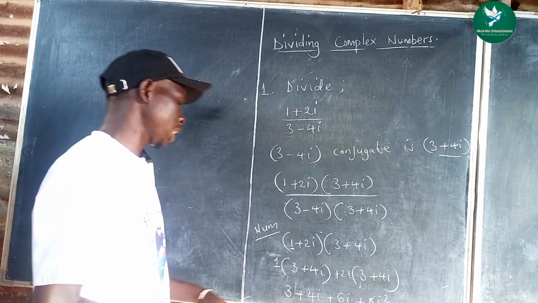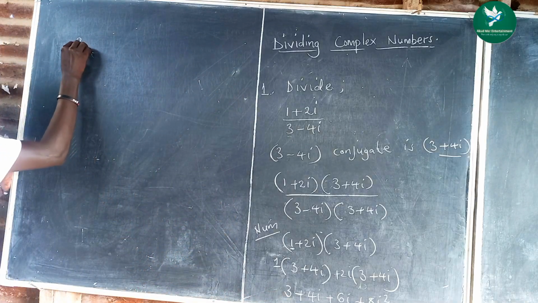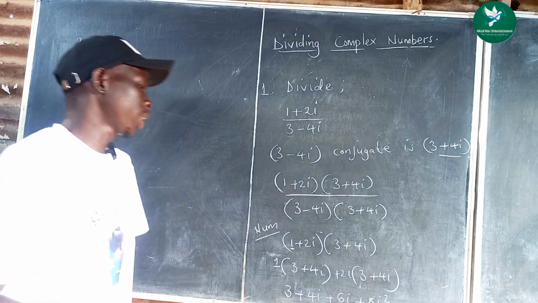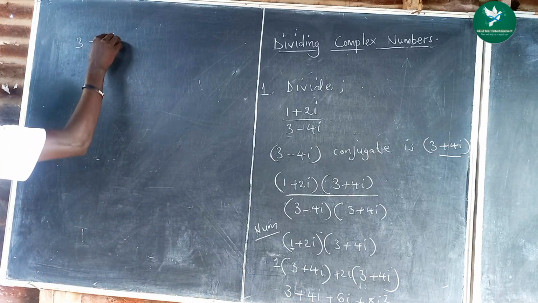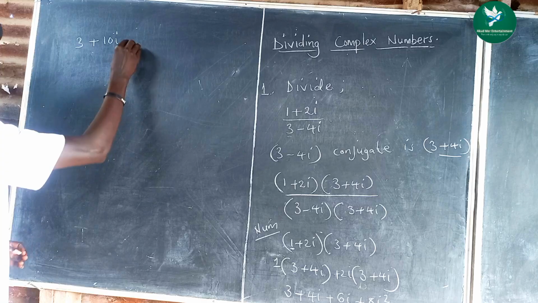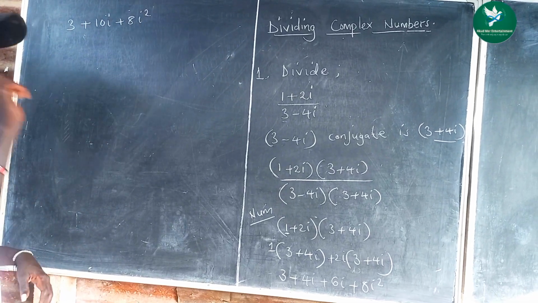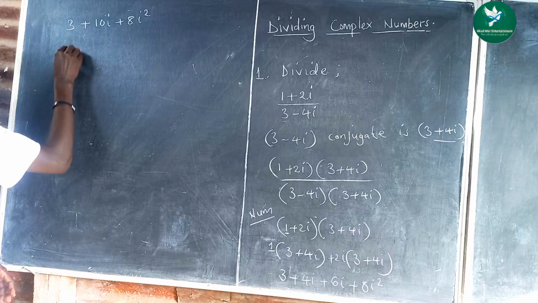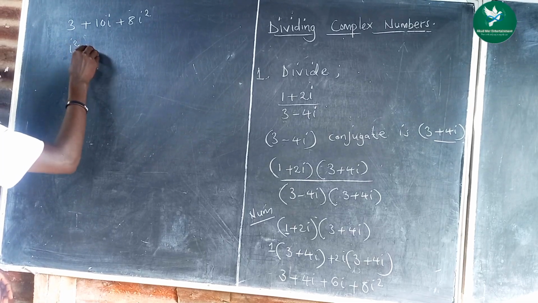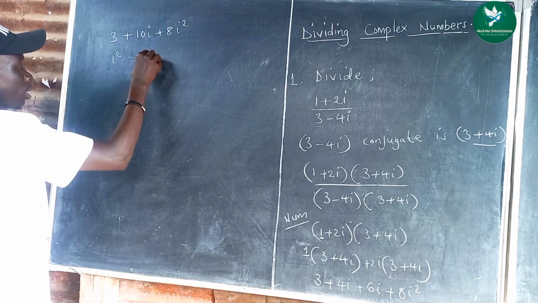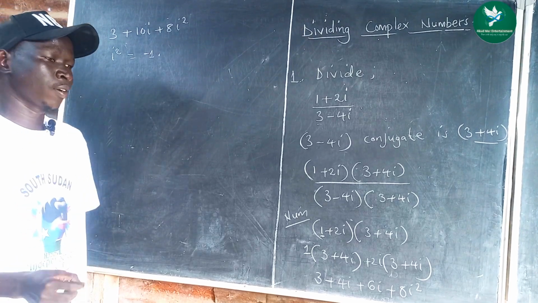When we collect like terms, we have 3 plus 4i plus 6i, which gives 10i. Then we add 8i squared. But remember, i squared is equivalent to negative 1.